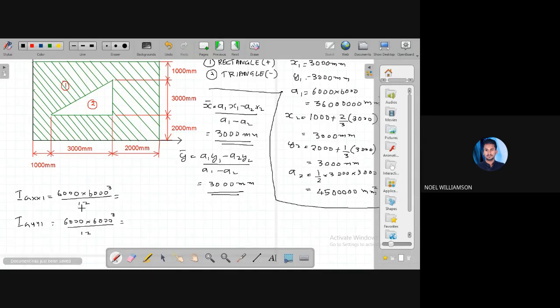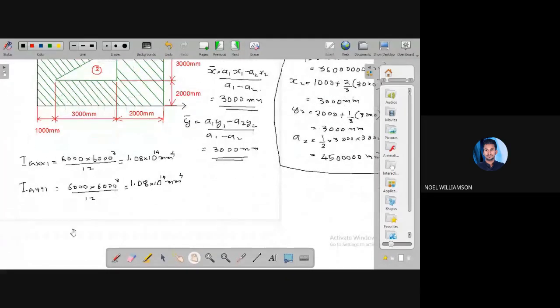The answer is somewhat 1.08 into 10 raised to 14 mm raised to 4. Here also 1.08 into 10 raised to 14 mm raised to 4.